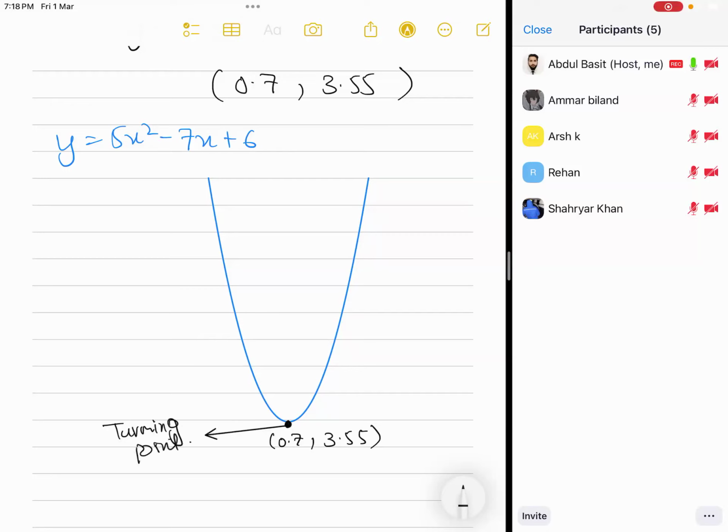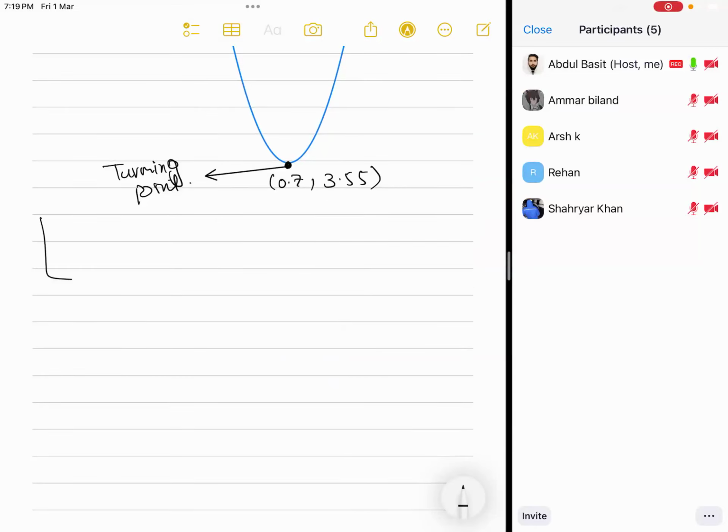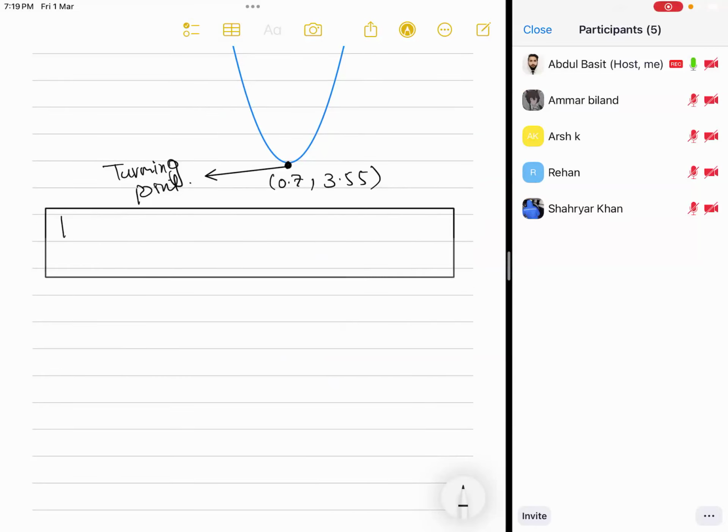Understood? Yes, sir. Now the fourth concept in this chapter is how to determine the nature of turning points.